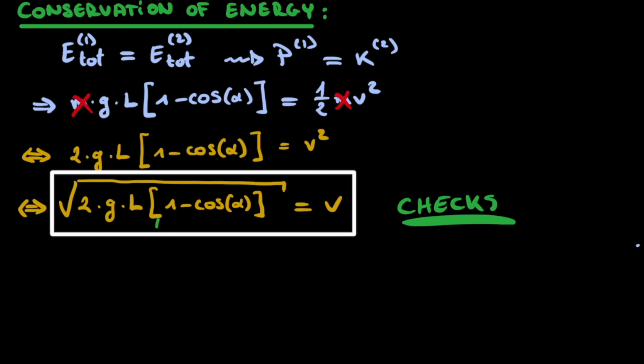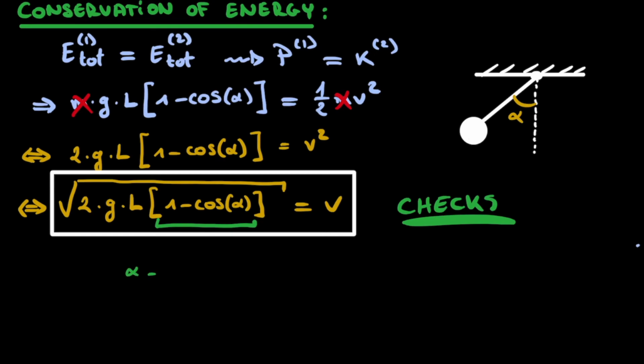And then we have this term right here, which involves this angle alpha. And just to remind ourselves, this angle alpha is the angle of our initial position compared with the vertical line. Therefore, we see that if our alpha is equal to 0, so the initial position is just hanging straight down vertically, then we have, of course, that our cosine of alpha, which is the cosine of 0, is then equal to 1.